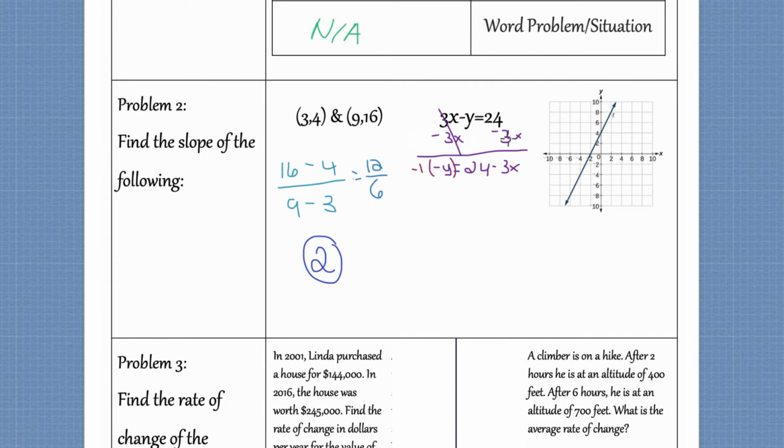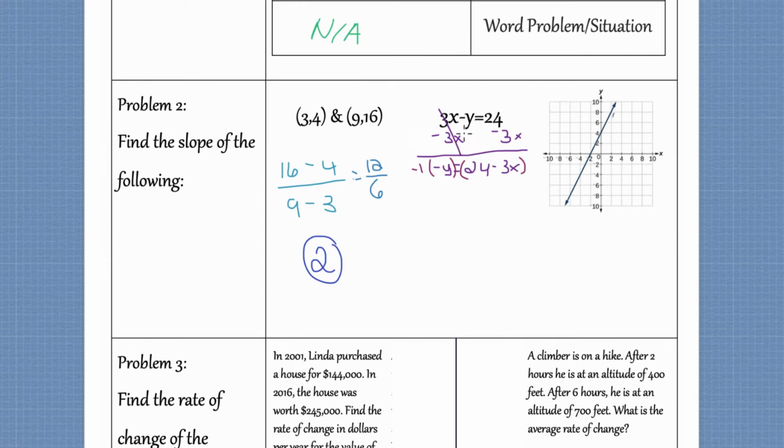The reason we multiply it by negative 1 is because we want to change the sign of the y here, because negative 1 times negative y is going to give us a positive y. And the reason we choose negative 1 is because the 1 won't change the value of any of the numbers. So if I multiply 1 by y, it's just going to give us y again. And if I multiply 1 by 24, it's just going to leave us with 24.